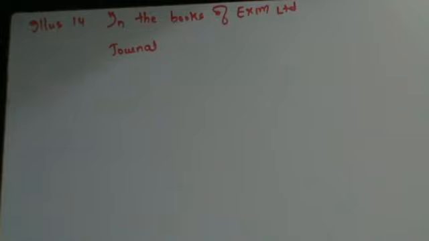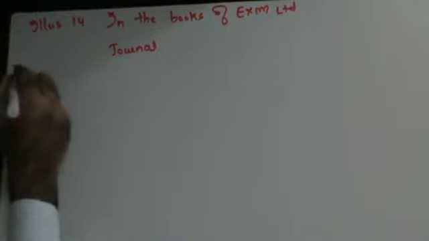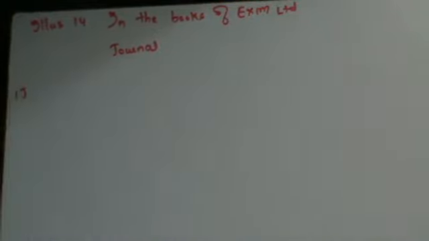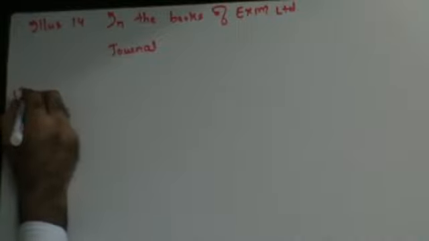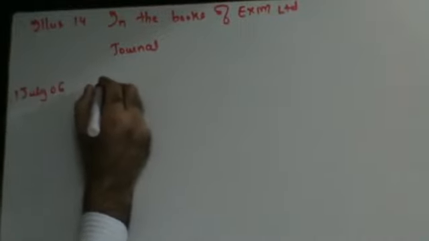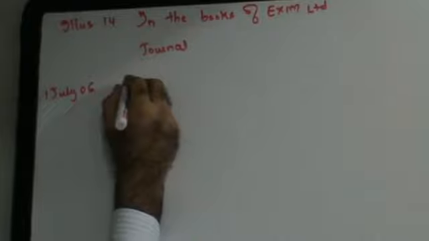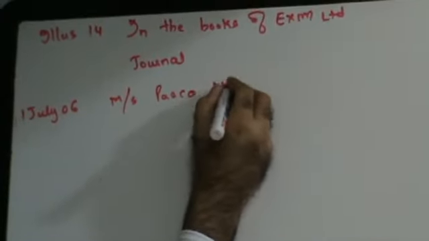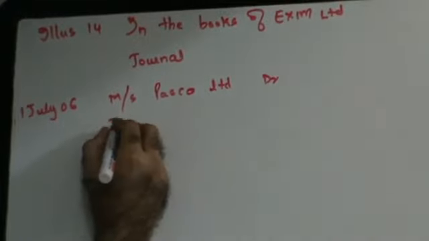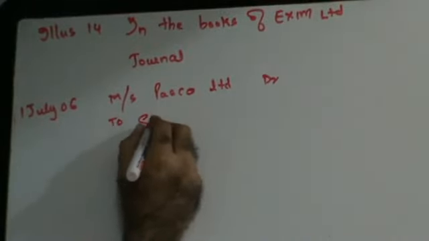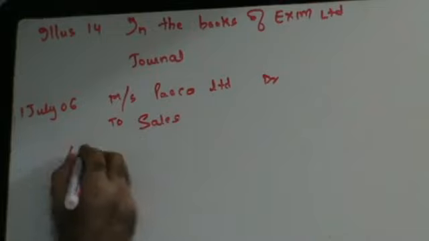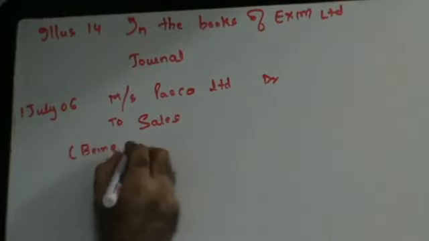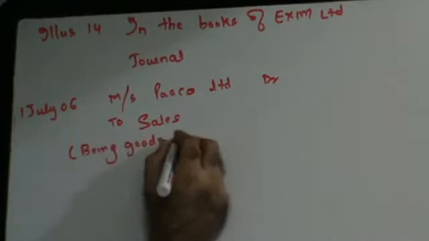On 1st July 2006, goods worth $1,05,000 were exported to Pasco Limited. 1st July 06. Debit the receiver, Messrs. Pasco Limited, to sales, being goods exported.